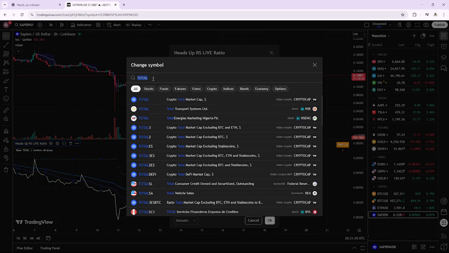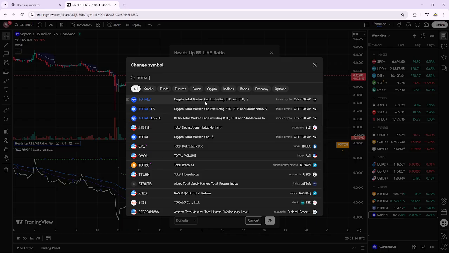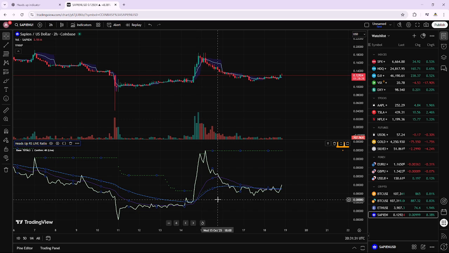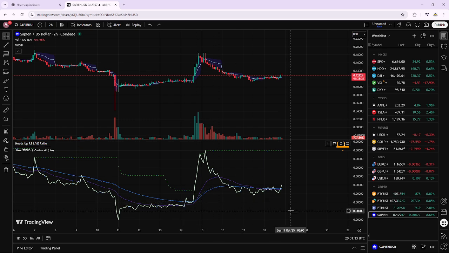We could change that again to perhaps the total 3, which I think is the total market cap excluding BTC and ETH. That would be interesting for altcoins, but it just measures your altcoin versus every other altcoin. It doesn't measure it versus the larger market context. So that will give us a slightly different situation. It's very similar, but yeah, it's a sort of heightened version of it.